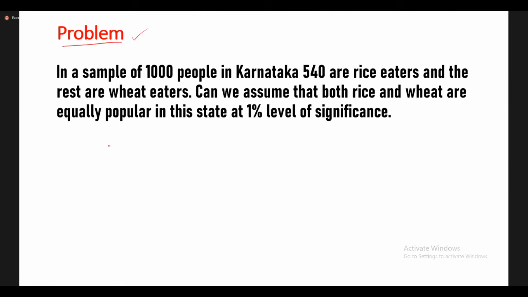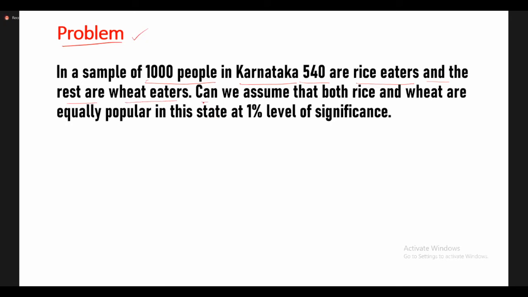Once all of you read this question, tell me which test we have to apply. Randomly, I will ask one person. All of you read that question carefully. In a sample of 1,000 people in Karnataka, 540 are rice eaters and the rest are wheat eaters.